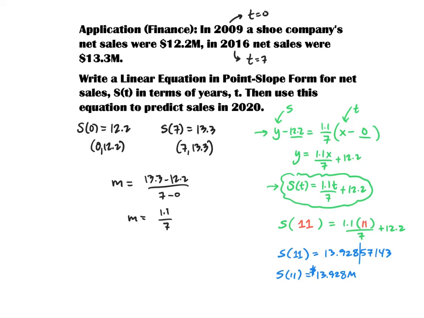Or you can round to 3 decimal places, which would be $13.929 million. Either of those two would be acceptable, okay? Unless the problem specifically and explicitly states to the nearest whole number or changes the decimal value for you, you are always going to round to 3 decimal places.